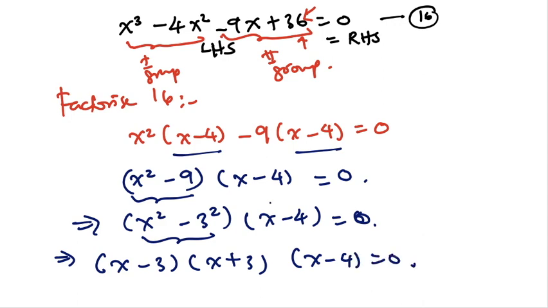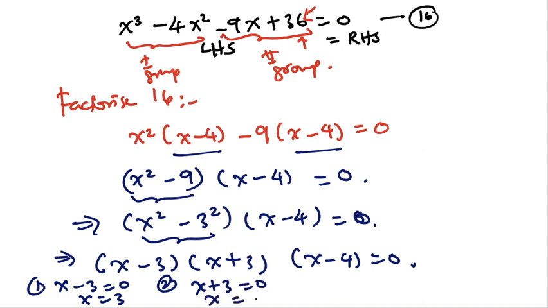So from here, we can find the roots. How many roots can we get? We have 3 different roots because this one is already simple. The first root is x minus 3 equals 0, that is x equals 3. The second root can be found from x plus 3 equals 0, which is x equals minus 3.